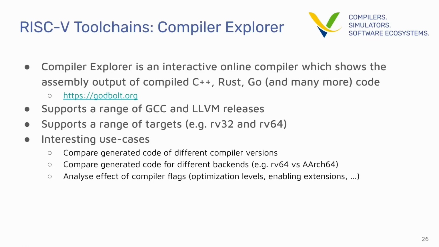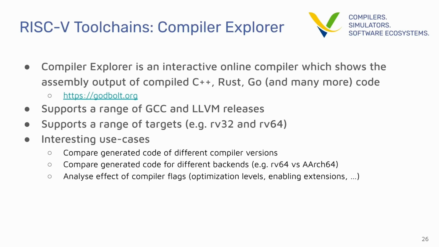An excellent resource that's often used by compiler developers is Compiler Explorer. The Compiler Explorer is an interactive online compiler which shows the assembly output of compiled C, C++, Rust, Go, or many other source codes.